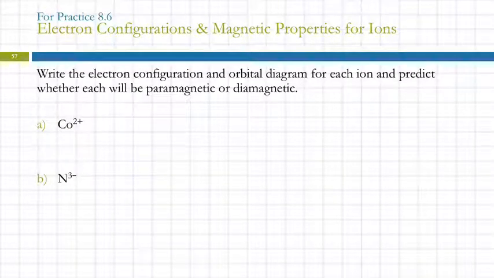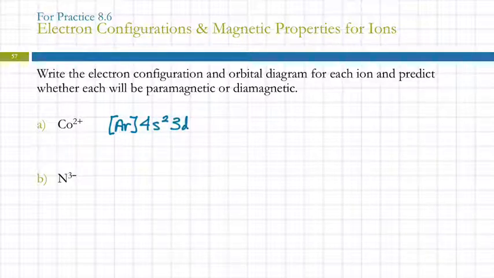Write the electron configuration and orbital diagram for each ion, and predict whether each will be paramagnetic or diamagnetic. To do this, unless you really have a great understanding of what's going on here, you really need to look at the orbital diagrams to see if you've got paired or unpaired. Okay, so cobalt 2+. Cobalt is in the fourth period, so we've got argon, and then what comes after argon? 4s2, right?